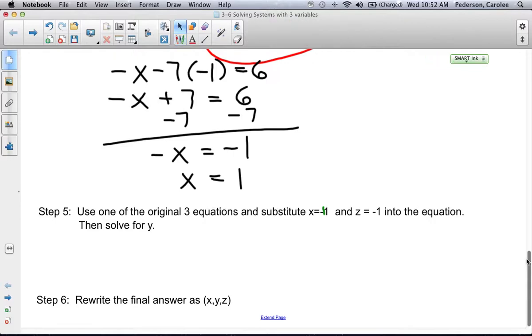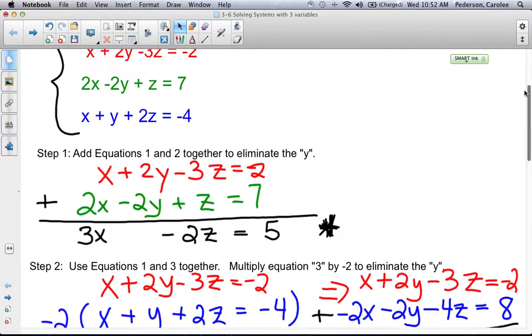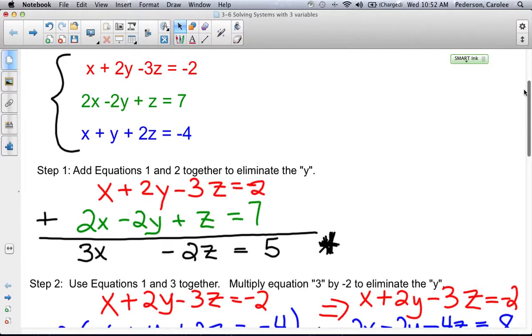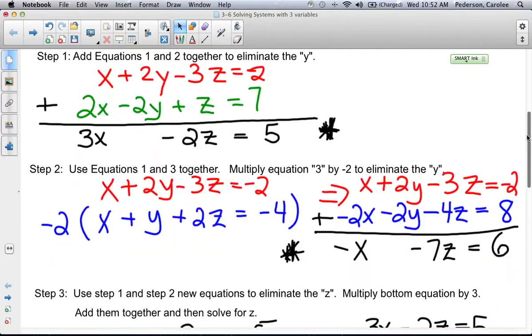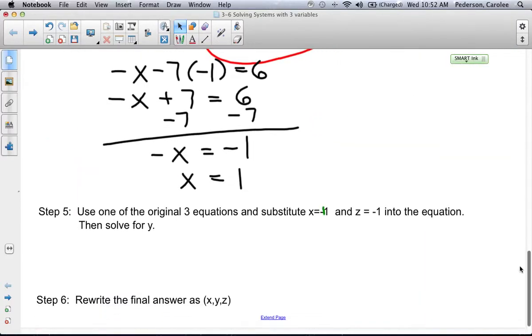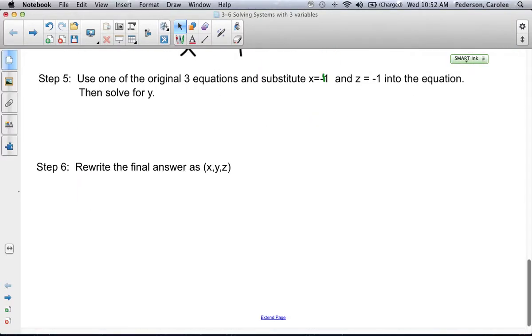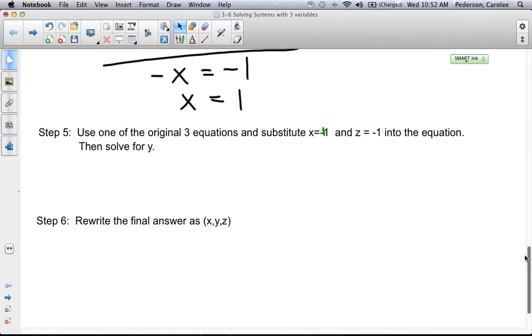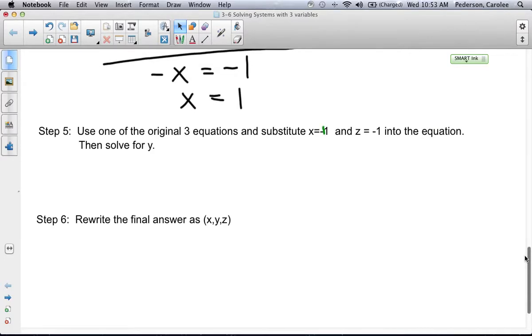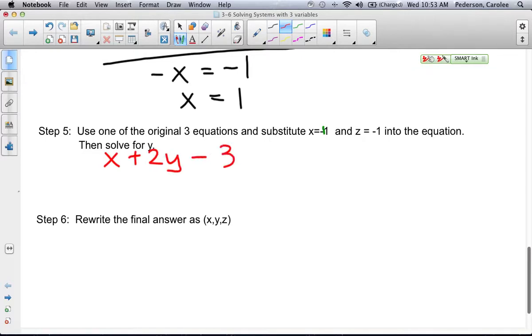So the top equation was in red. X plus 2y minus 3z equals negative 2.